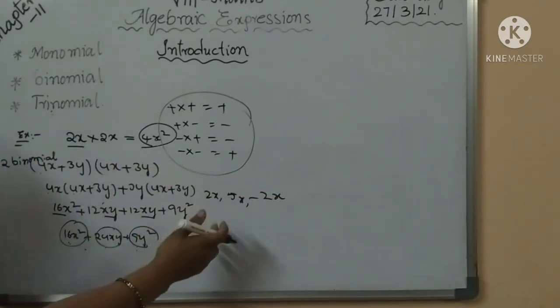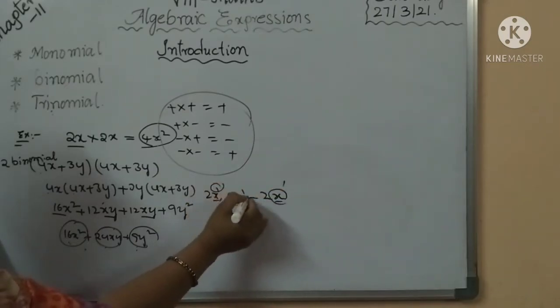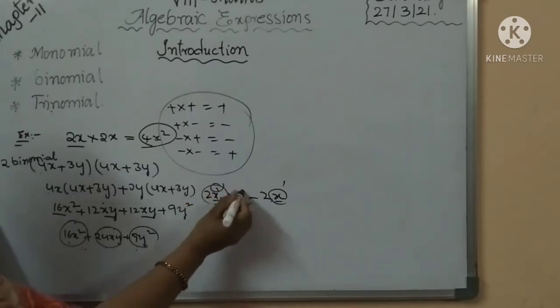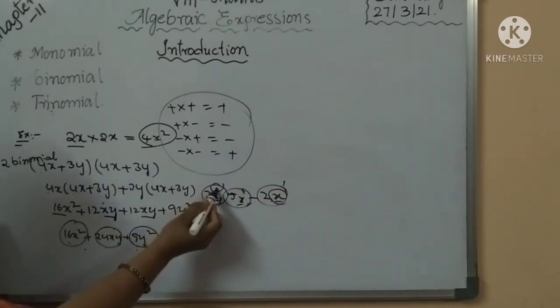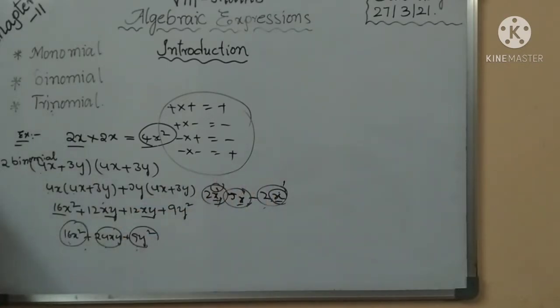Same variable with the same exponent. These three terms are there. How many terms here? One. Actually, each is a monomial, yes or no? But the variables are the same and the powers are also the same. That is called like terms.